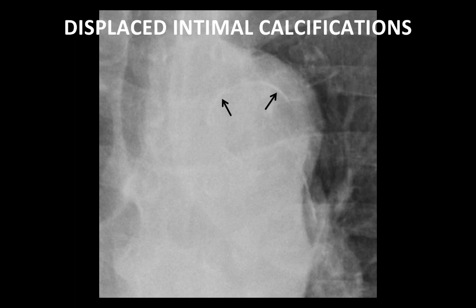But if you have any comparison studies showing the position of the calcifications up along the outer wall of the aortic arch, and now in the current exam they are displaced from the outer wall, it's a fairly classic sign or indicator of acute aortic syndrome. And in this particular case, the patient had intramural hematoma.